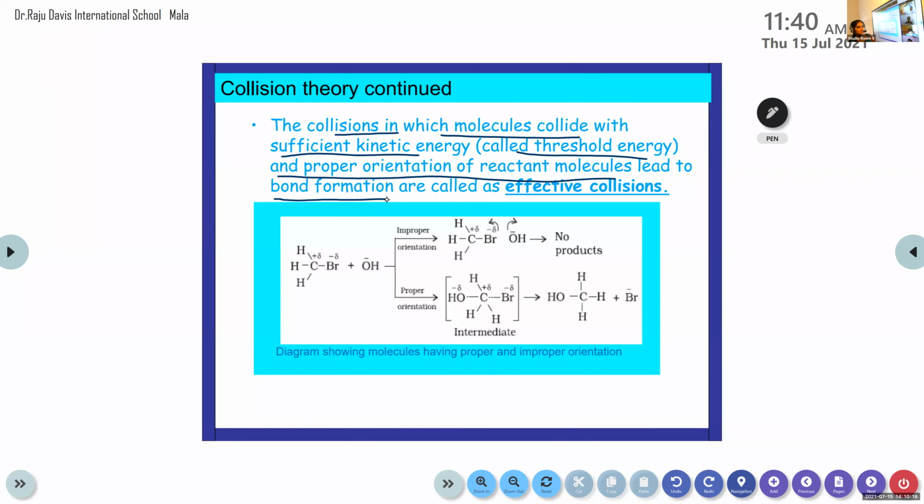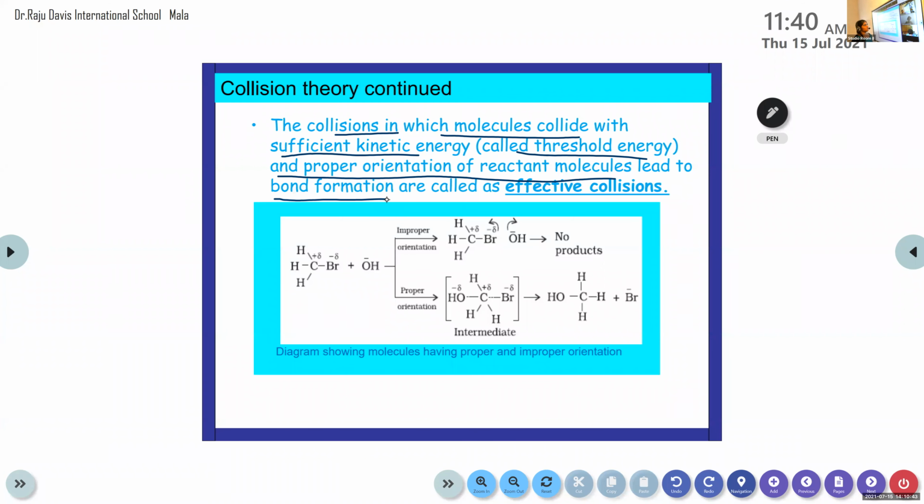There are two conditions for an effective collision: first, sufficient kinetic energy called threshold energy is needed, and second, proper orientation of reactant molecules is needed. These two factors lead to bond formation. These are called effective collisions.